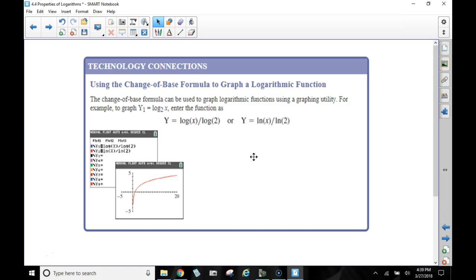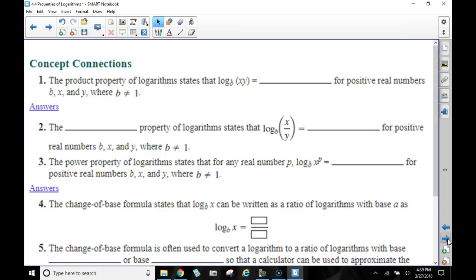You can use natural log key if you want to. If you program your calculator in like that, either one of those, you will get the graph of y equals the log of x with base 2. Hooray! All right, let's fill out these concept connections and we'll be on our little merry way for today.